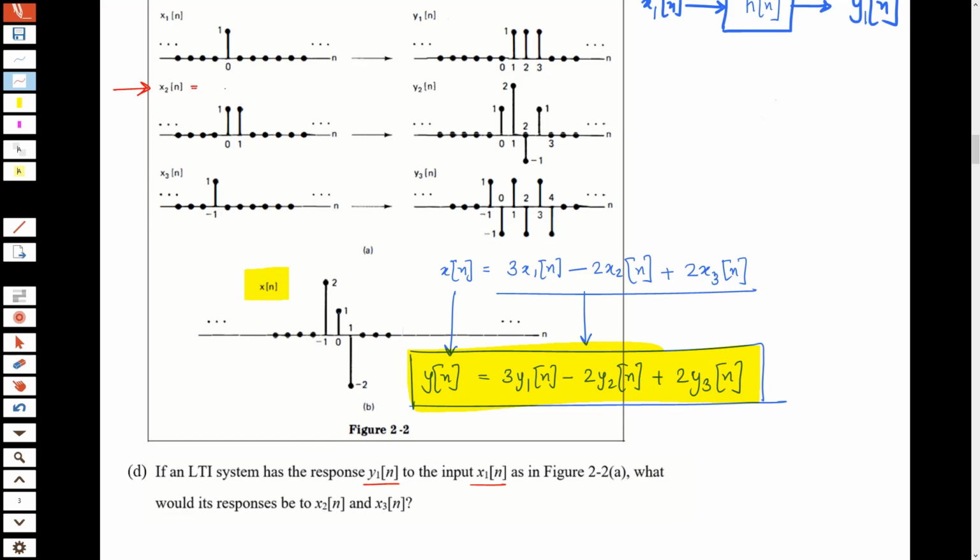I can say x2[n] is simply x1[n], and then x1[n] shifted by 1 unit to the right, and add them up.